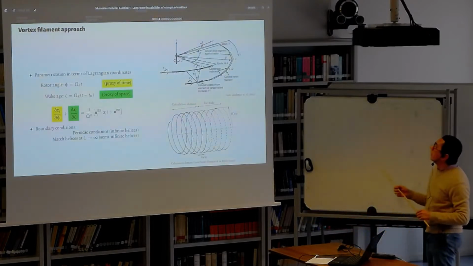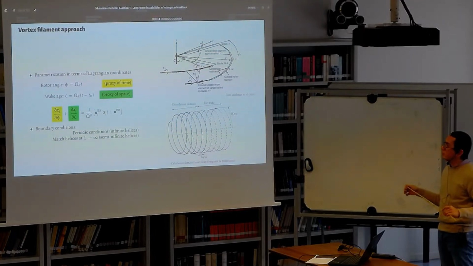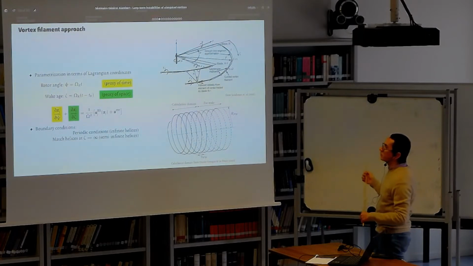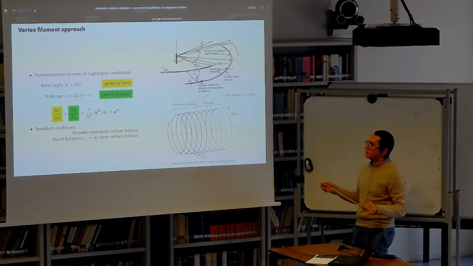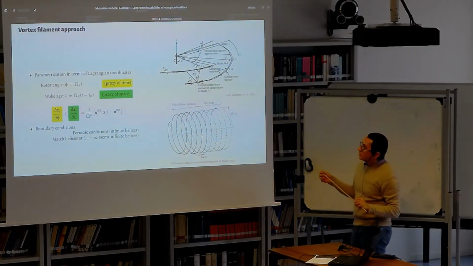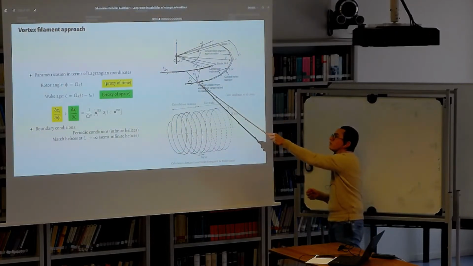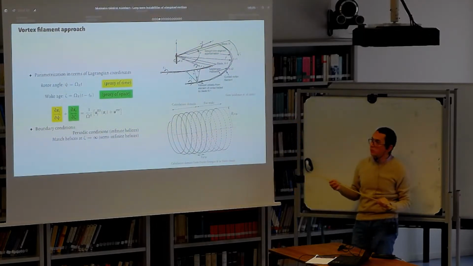For rotor configurations, it is often convenient to express everything in terms of the Lagrangian coordinates psi and theta, where psi is the angle of the rotor at a given time, and theta corresponds to the difference between the angular position of some vortex particle at the present time and its position at the time when the vortex was emitted from the blade.